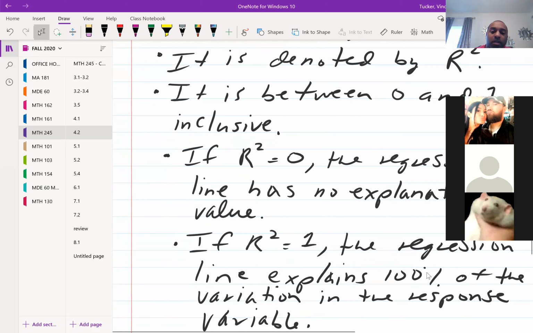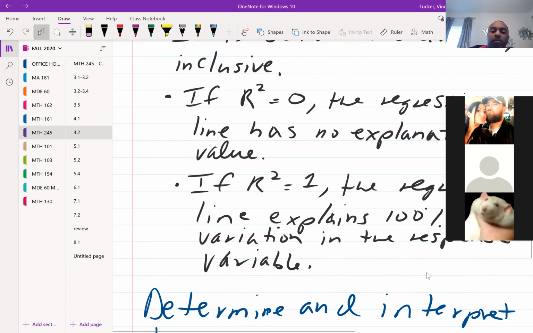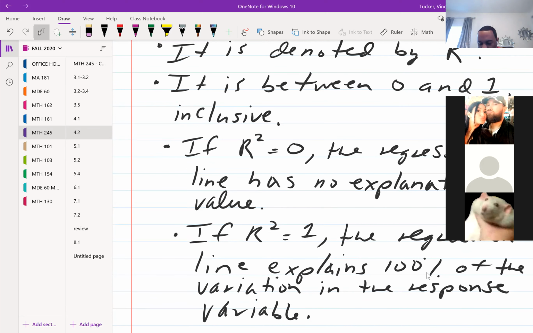If it is equal to 1, then the regression line explains 100% of the variation in the response variable. All right, so make sure we're okay before we go to the example.